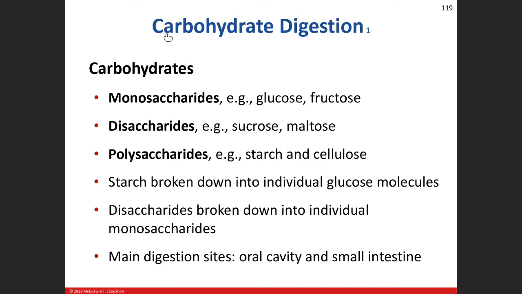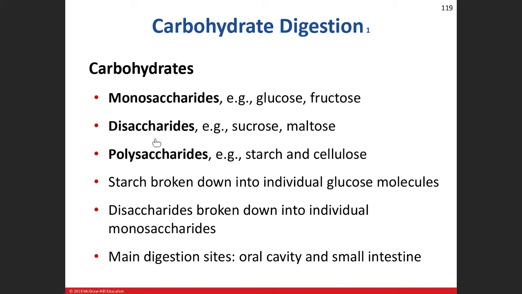So let's start off with the carbohydrates. Quick review. When we get into the metabolism portion of this course, we'll go into much more detail, so I'm not going to get too terribly detailed here because I could talk about this forever. In chapter 2, we learned carbohydrates can be monosaccharides, which are what we call simple sugars: glucose, fructose, and galactose.